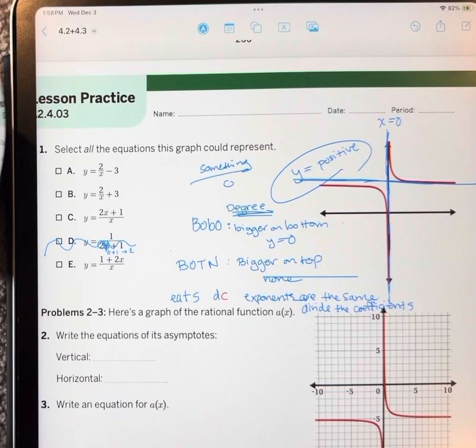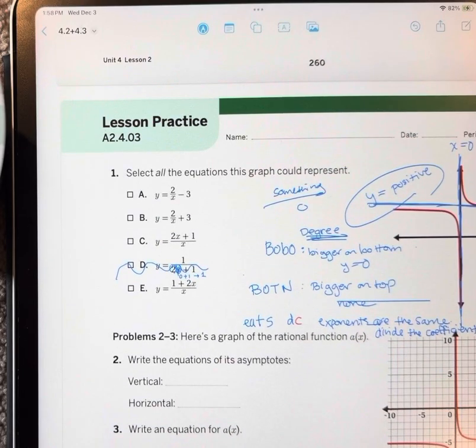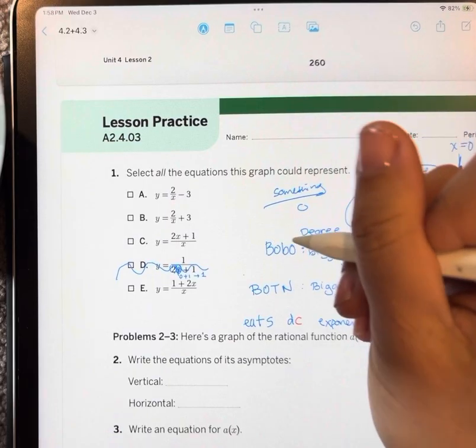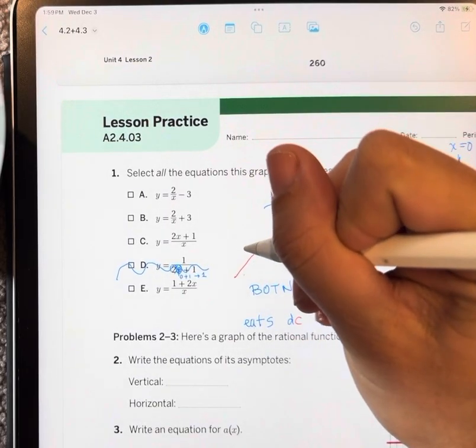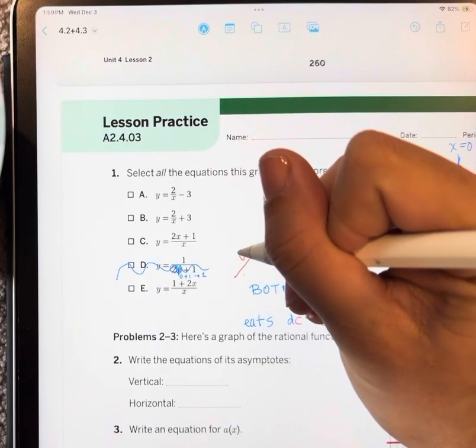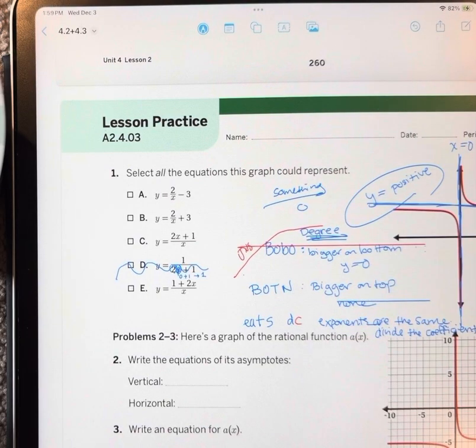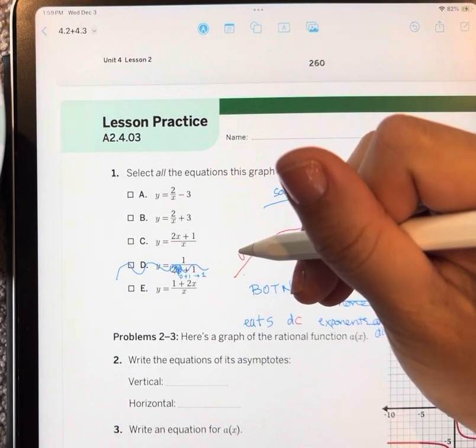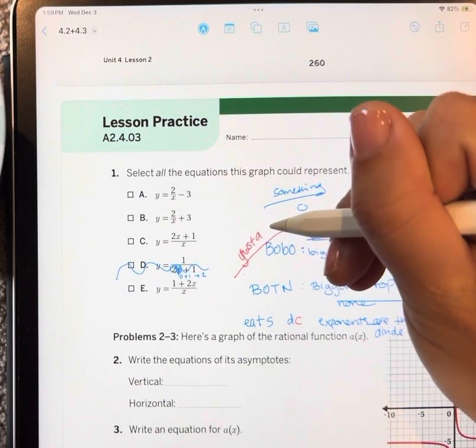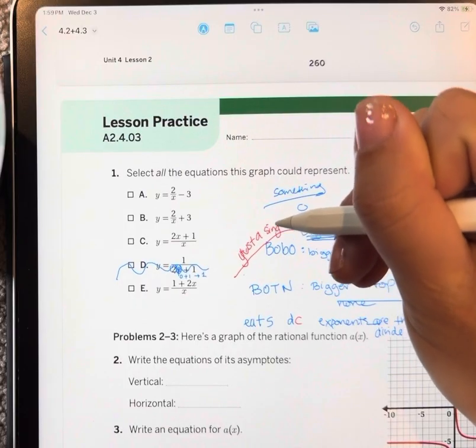Okay, so let's go see here. This Bobo Button, by the way, you guys, we use this whenever our function is just a single fraction.